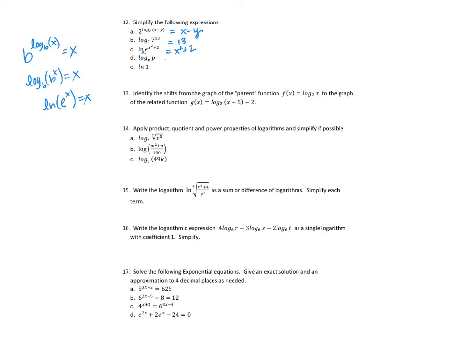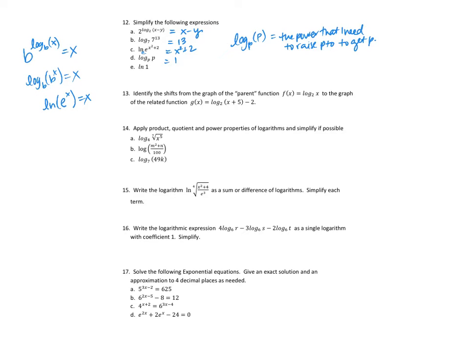And log base p of p would be 1, because what does log base p of p mean? It means what power do I need to raise p to in order to get p. And I know p to the first is equal to p.